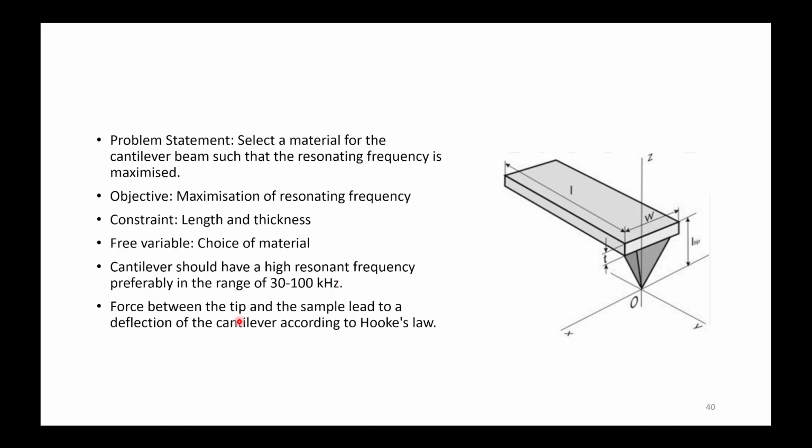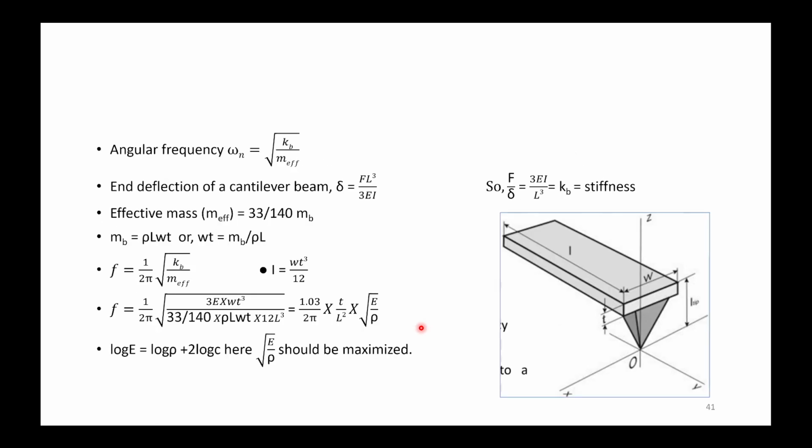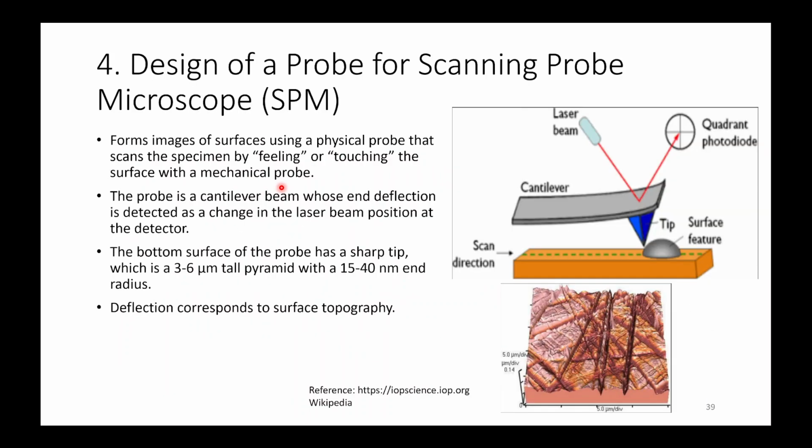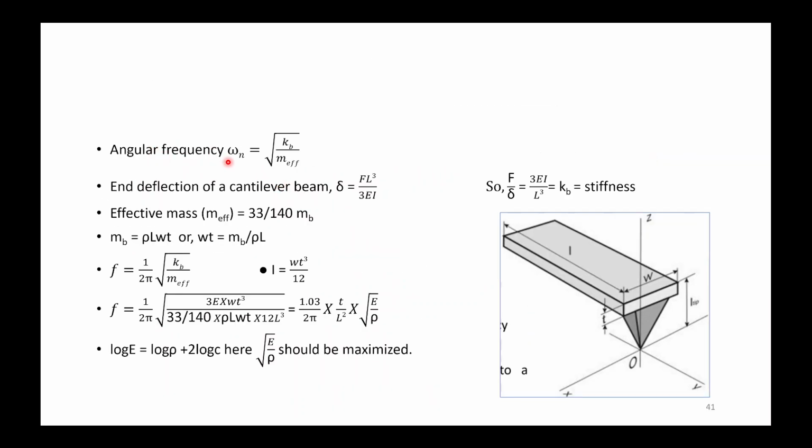Now, the force between the tip and the sample leads to a deflection of the cantilever according to Hooke's law. Now firstly, we'll be considering the frequency we have to maximize, right? So we'll be considering angular frequency omega equal to under root kb upon m effective.